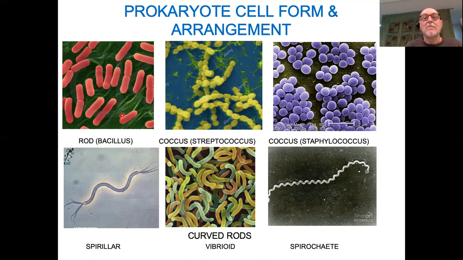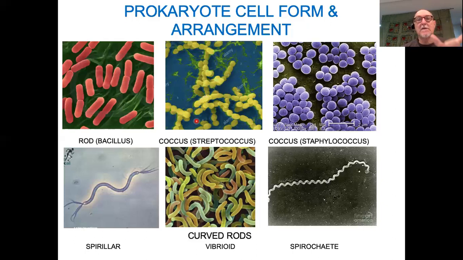So the coccus is a spherical or nearly spherical cell. And in this case here, you'll see that these cocci are arranged in a long chain. And those are streptococci. Strepto, straight, cocci, spherical cells.